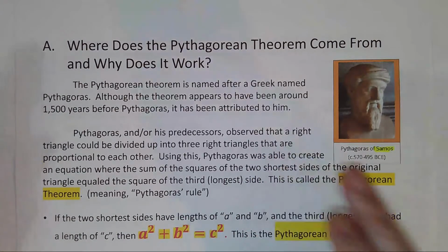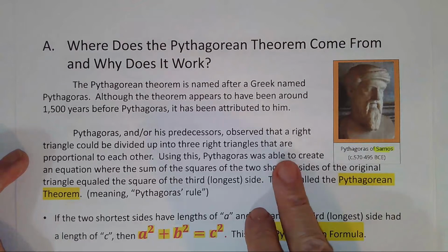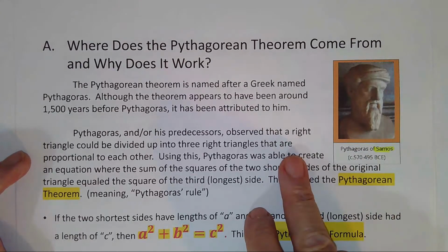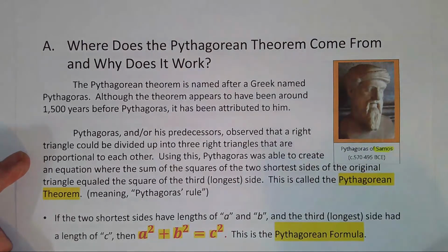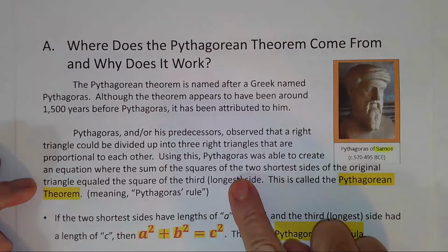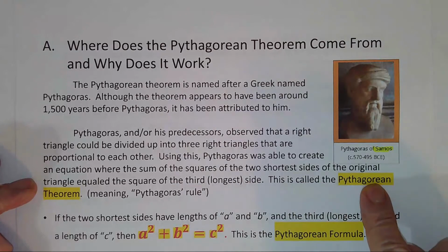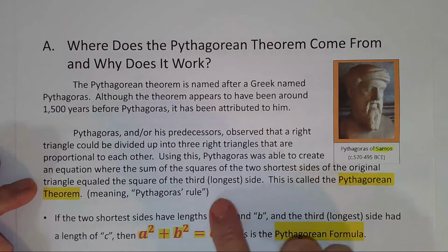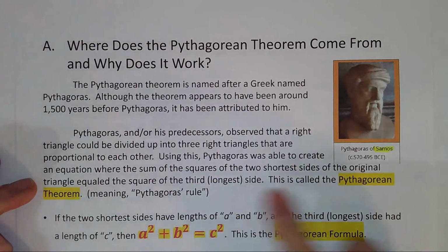Pythagoras, or one of his predecessors, observed that a right triangle could be divided up into three right triangles that are proportional to each other. Using this idea, he was able to create an equation where the sum of the squares of the two shortest sides of the original triangle equaled the square of the third, which is the longest side.